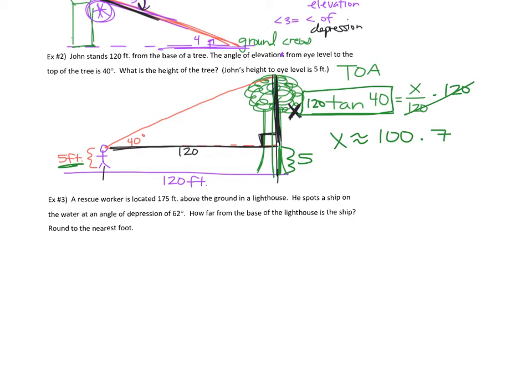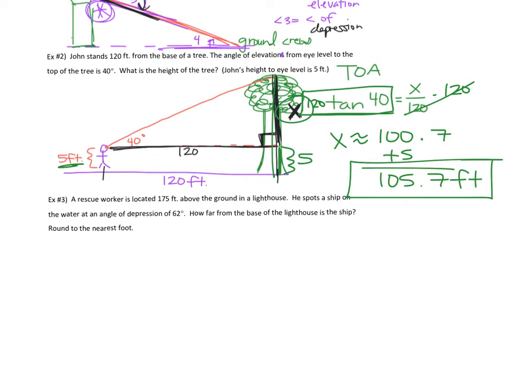So the whole tree has to be whatever we found x to be, 100.7, but you have to add the 5 to it. So it's 105.7, and we were dealing with feet, so make sure you label. We would say the height of the tree is 105.7 feet. Does that make sense? All right.